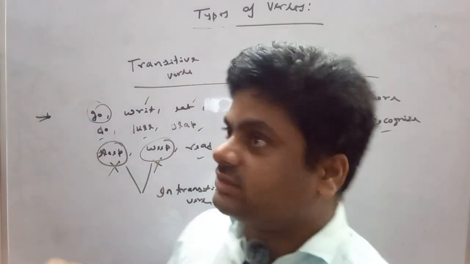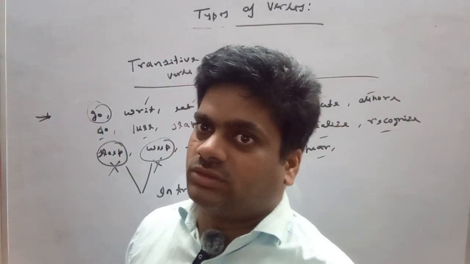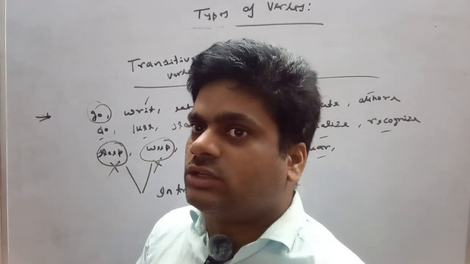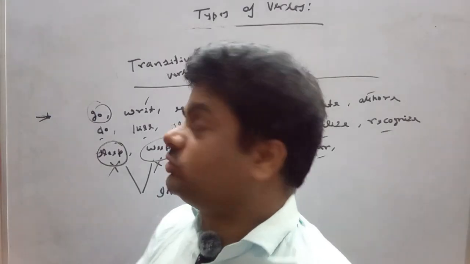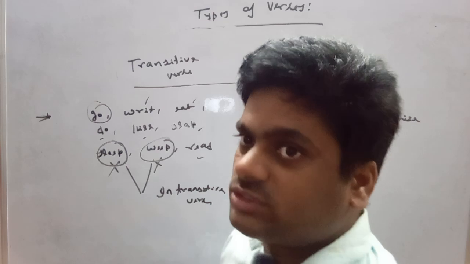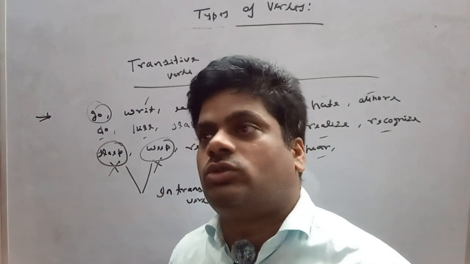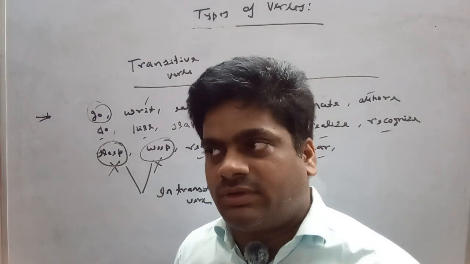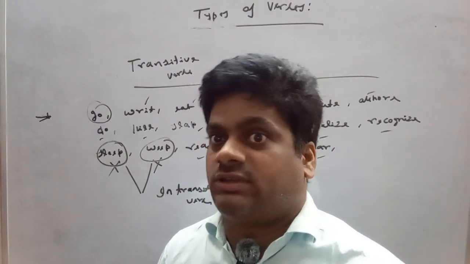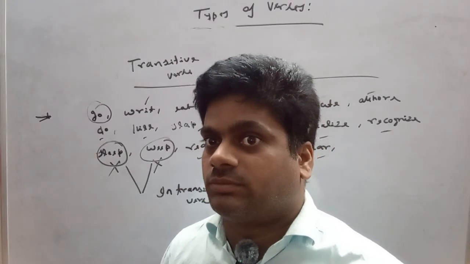And this is the simplest way. You may ask only two questions to the verb. If the answer to the question refers to any type of noun or a pronoun, then it would be a transitive verb. Otherwise, it would be an intransitive verb.